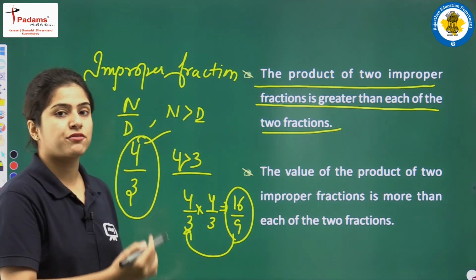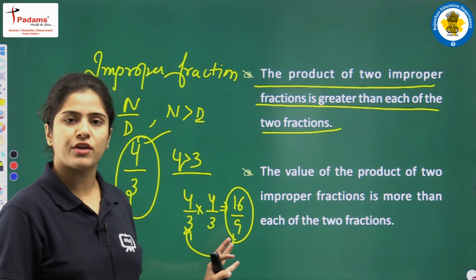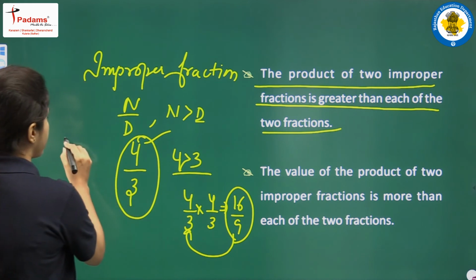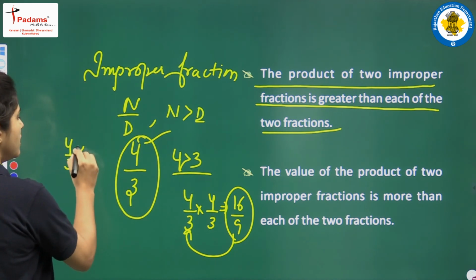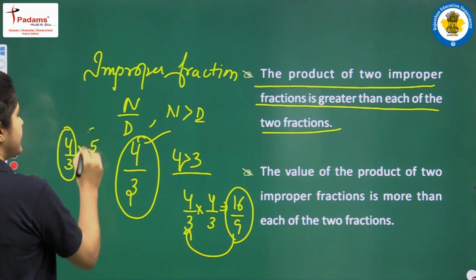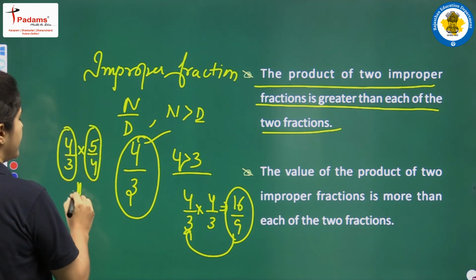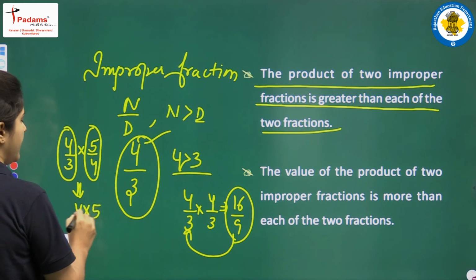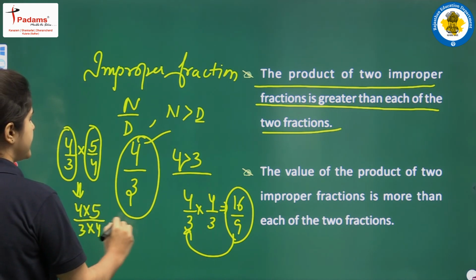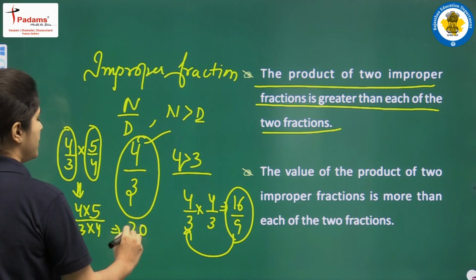In this case, I have considered the same improper fraction twice, but you can also consider a different case. Like if I am considering 4 upon 3 into 5 upon 4. You can clearly see these are two improper fractions, and when they are multiplied, 5 into 4 upon 3 into 4, that is 20 upon 12.